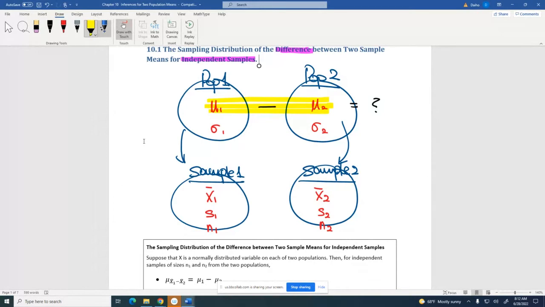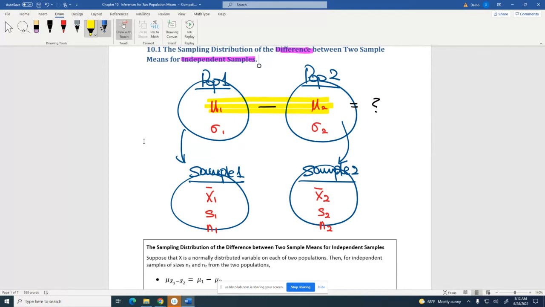If mu1 is much bigger than mu2, what will be the sign of the difference? Is it positive or negative? What did I say? Mu1 is much bigger than mu2. What will be the sign of the difference? Positive, yes. The other way, if mu2 is much bigger than mu1, the difference will be negative, right?